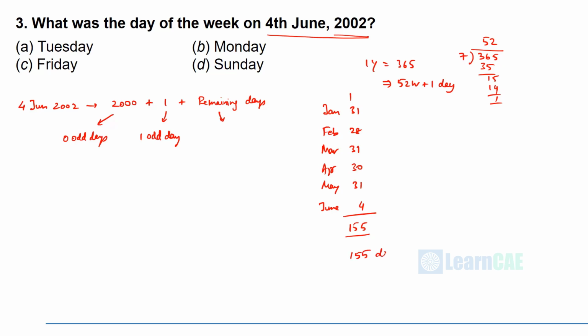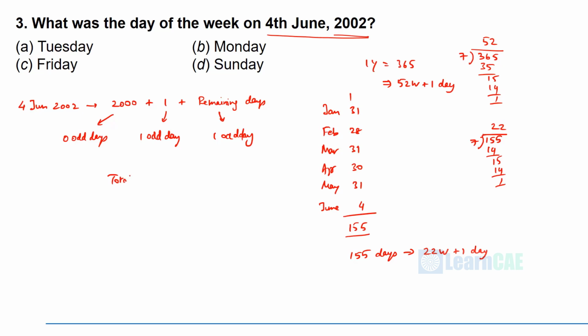So 155 days, we shall divide this by 7, 155 by 7. 2 sevens are 14, 1 5, again 2 sevens are 14. The balance is 1. So 155 days can be written as 22 weeks plus 1 day. Therefore, in the remaining days there is 1 odd day.